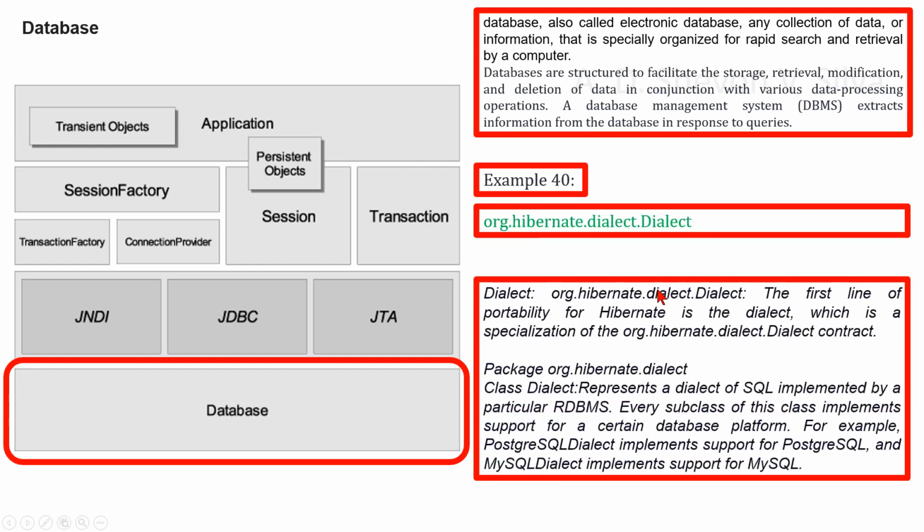Now we are considering dialect. The org.hibernate.dialect.Dialect. The first line of portability for Hibernate is the dialect, which is a specialization of the org.hibernate.dialect.Dialect contract. A Dialect class represents the dialect of SQL implemented by a particular RDBMS.